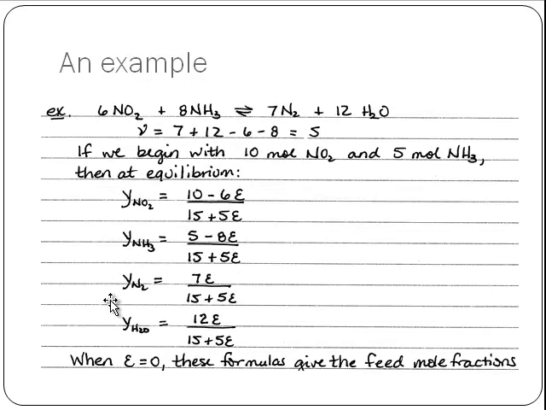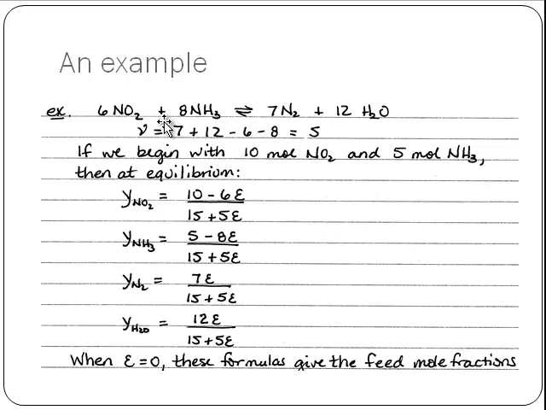So let's look at an example and see if we can make this make a little bit of sense. So here I have 6 NO2 plus 8 NH3 makes 7 N2 plus 12 H2O. Whether or not you understand the reaction, just accept that it is a correctly balanced equation.